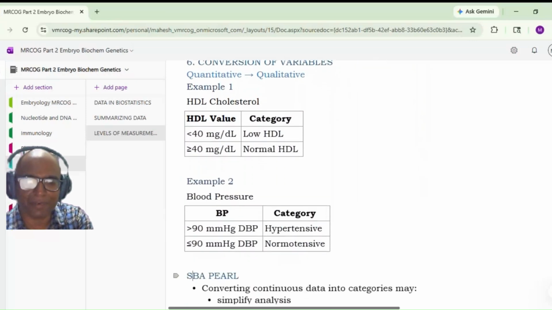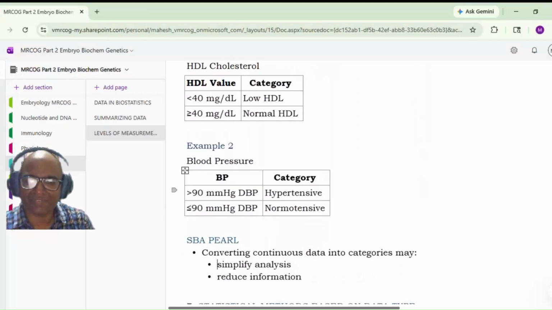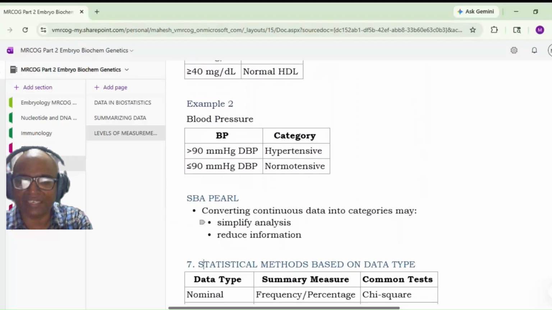Another is blood pressure. More than 90 millimeters of mercury diastolic, you may classify as hypertensive. Less than or equal to 90 millimeters of mercury, you may label as normotensive. So converting continuous data into categories may simplify the analysis and reduce the information. When you have a large amount of data, categorizing it in this way will simplify the analysis and reduce the information.